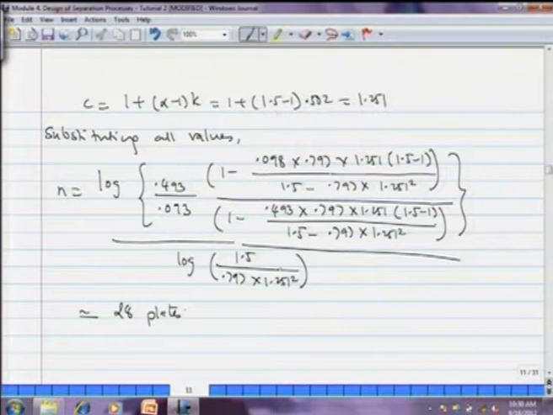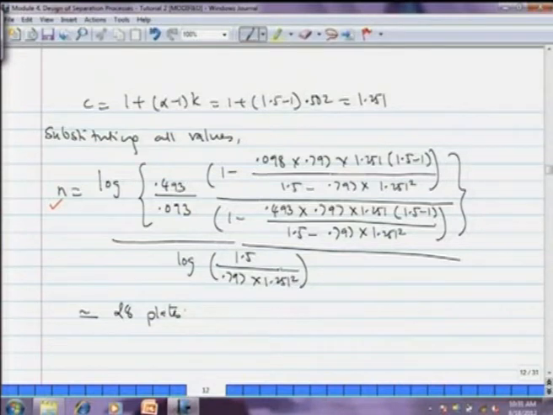The value of c can be found as follows: c is 1 plus alpha minus 1 into k. We have alpha equal to 1.5, k equal to 0.502. So, putting these two values, you can get the value of c as 1.251. And now, we have all the values. We substitute those in the general form of the equation, n equals log of x0 dash divided by xn dash.